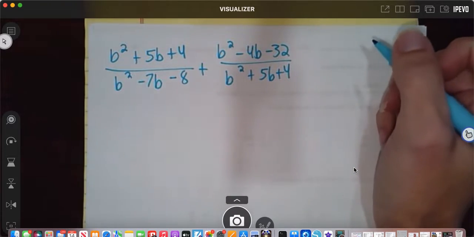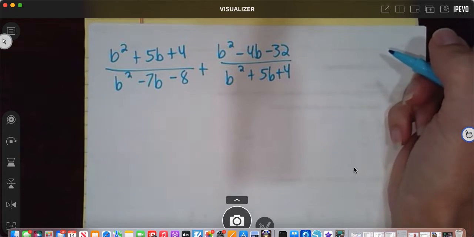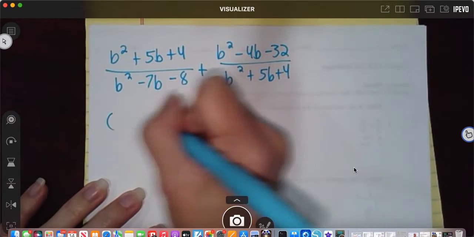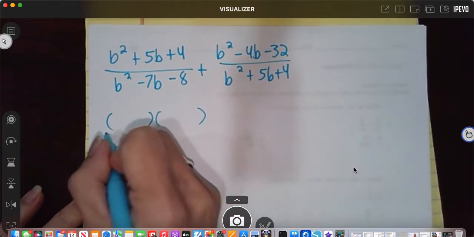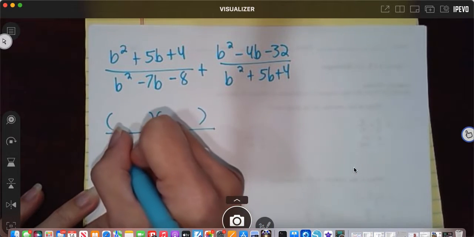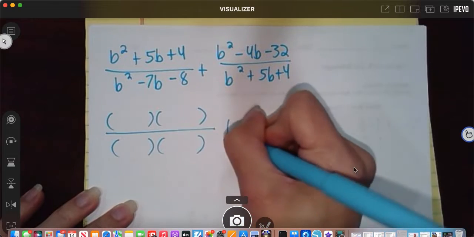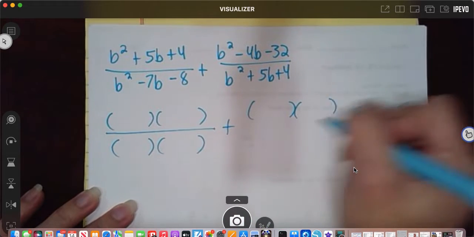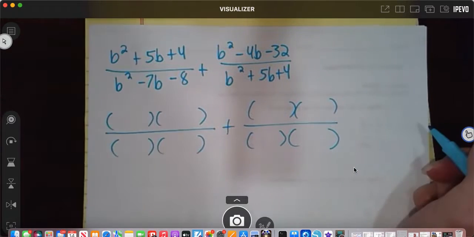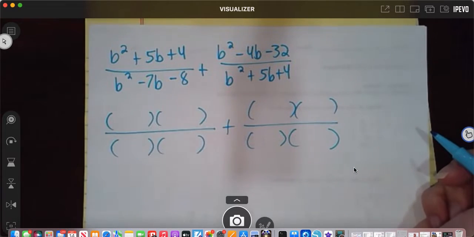Okay, let's factor all these. Do we need to factor all these? I don't know, but let's factor all of them. Oh, so the numerator on the first one and then the denominator on the other are the exact same. Oh, look at you. Sarah Kate's ahead of me. Okay, so I don't know if I needed to factor the numerators.